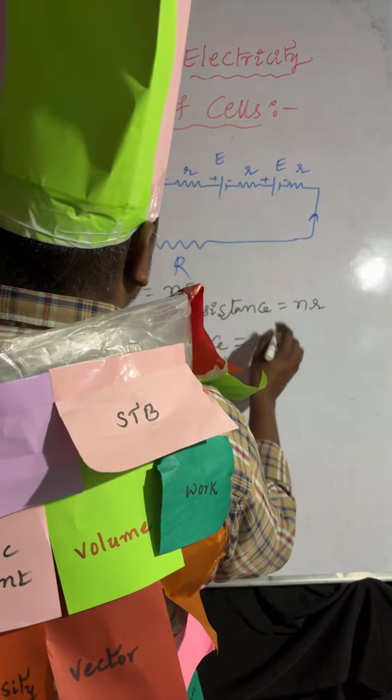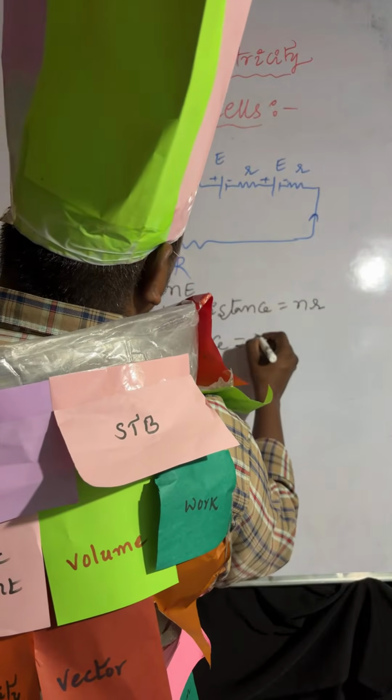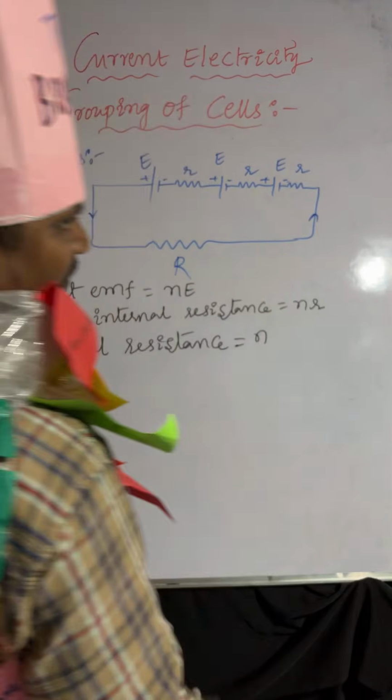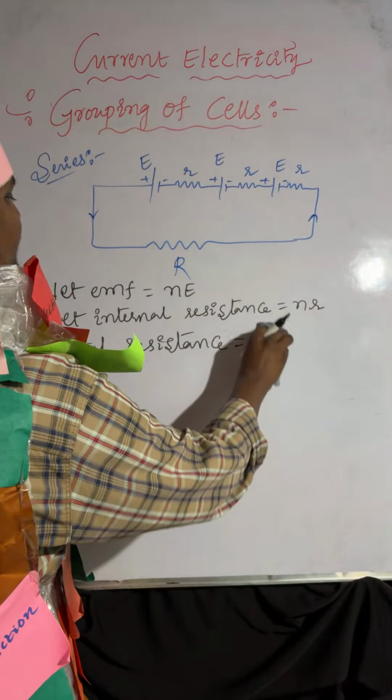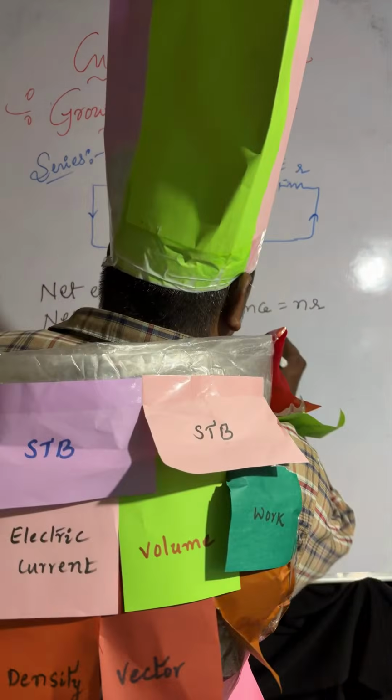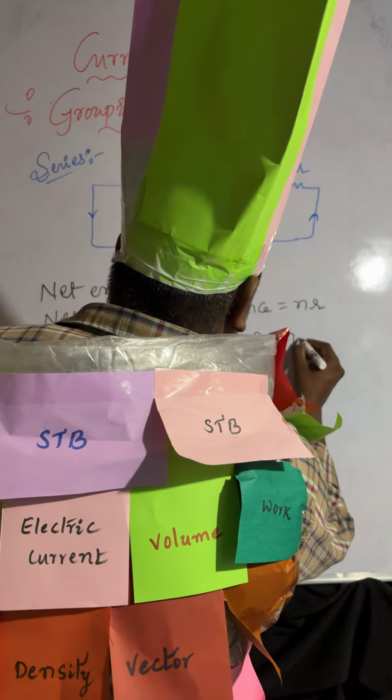Total resistance is also a series combination, so we write capital R plus NR.